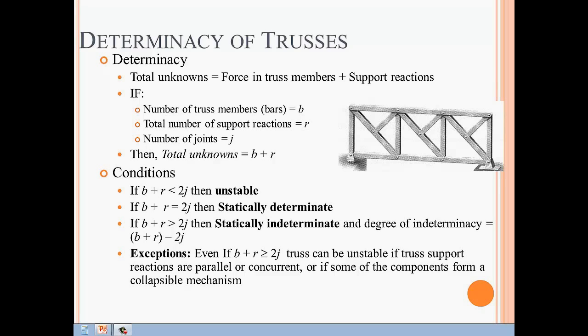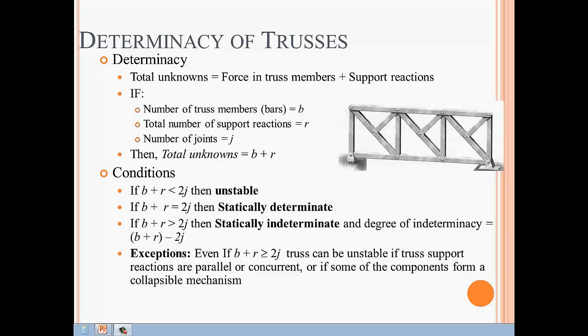Every member can take either compression or tension force only, so each member has one unknown force. So the total number of unknown forces are number of reactions plus number of members.